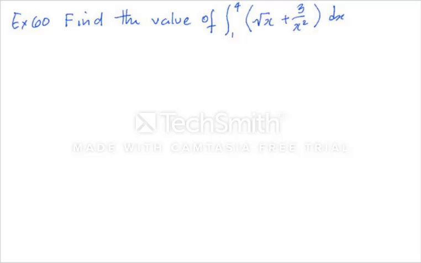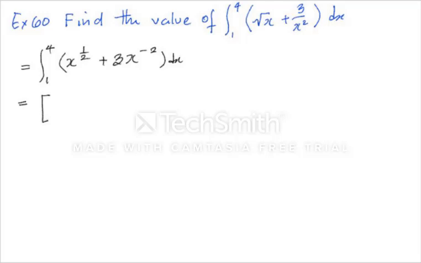Example 60 says find the value of. All right, so let's just write this in a more useful format. This is from 1 to 4. The root of x is the same as saying x raised to the half power, plus 3, bring the x up, x to the minus 2. And I'm integrating with respect to x. So now basically I'm doing the power integral.